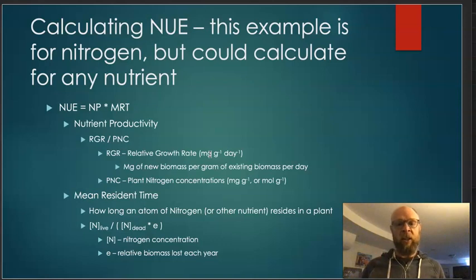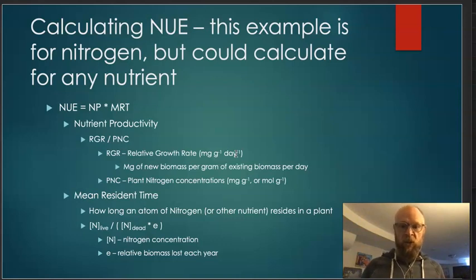So calculating this relative growth rate tells us how good a plant is at growing relative to how much biomass it already has. Typical units are milligrams per gram per day, and you could put these in other units as well. Then the nitrogen concentration of a plant is either in milligrams of nitrogen per gram of biomass, or often moles of nitrogen per gram of biomass.